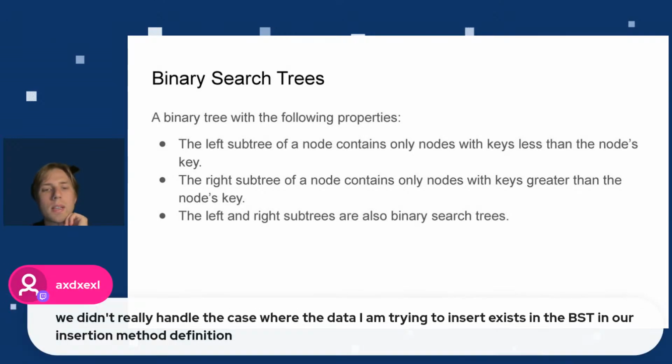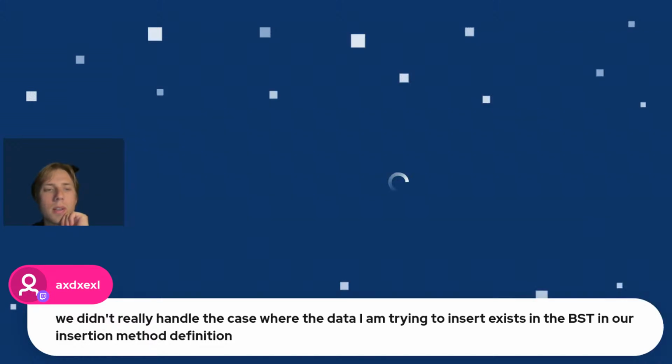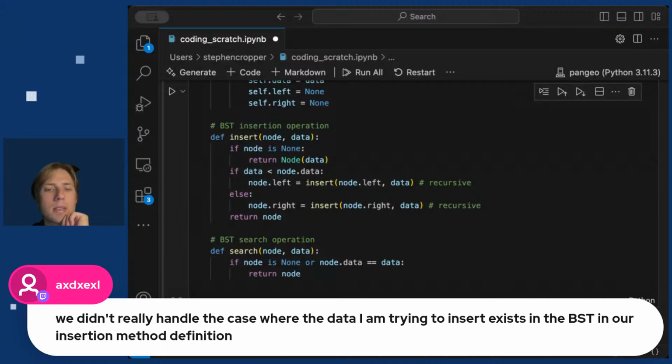Right, and then Adel says we didn't really handle the case where the data I'm trying to insert exists in the BST in our insertion method definition. And yes, that's true. If the thing already exists, it would return the node because we know that the data is actually going to be equal to the node.data.